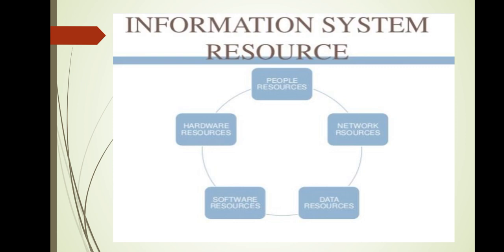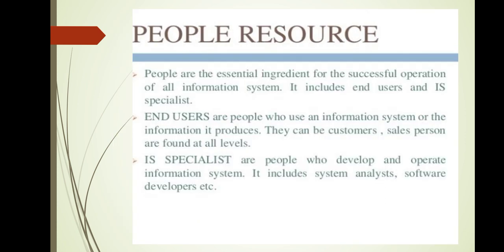What are the resources of information system? One, people resource. Two, network resource. Three, data resource. Four, software resource. Five, hardware resource. People resource: people are the essential ingredient for the successful operation of all IS. It includes end users and IS specialists.